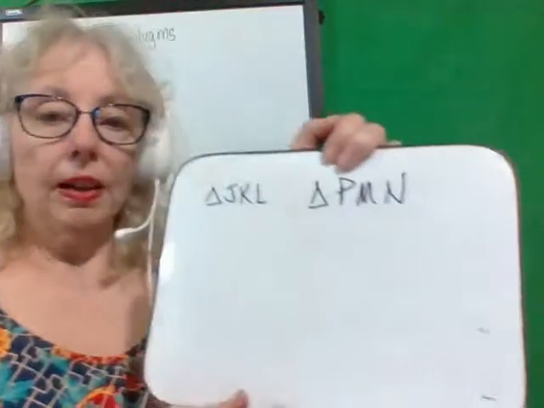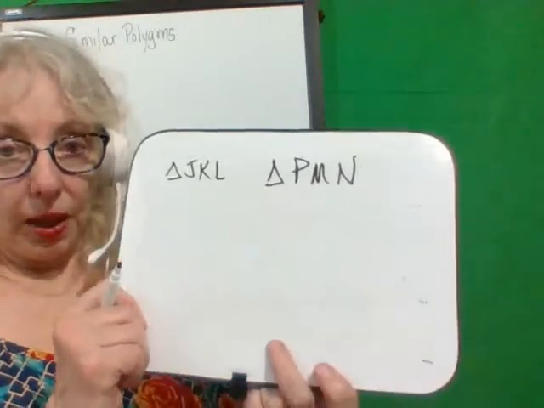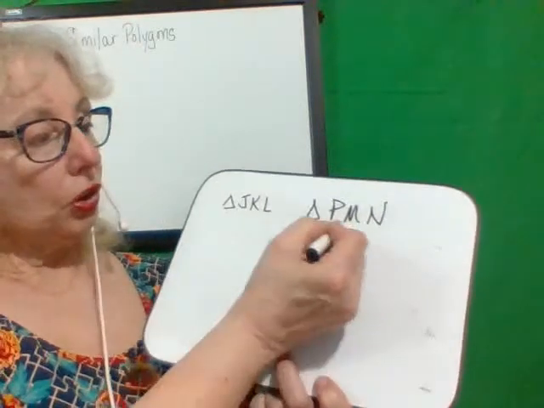All right, let's look at example 1. We want to list the congruent angles and write a proportion that relates the corresponding sides. So I have triangle JKL and triangle PMN. Now I'm not going to really mark the triangles right now. I just want you to look at this.